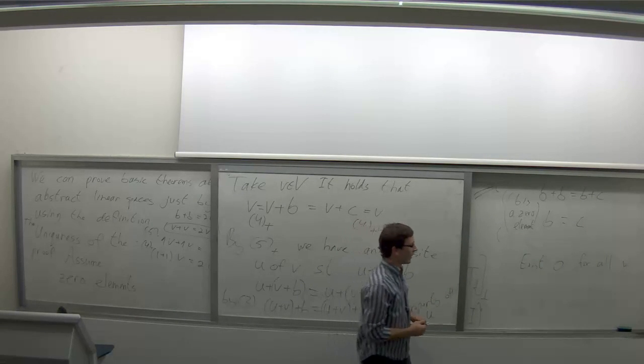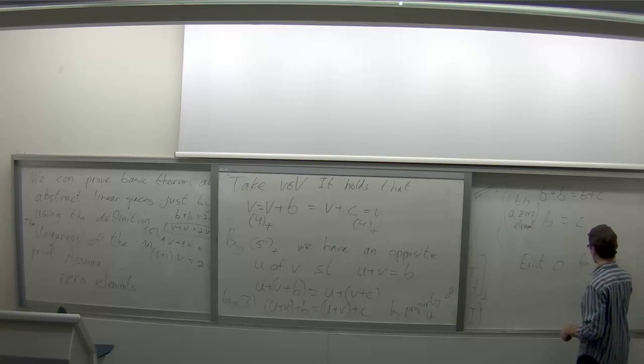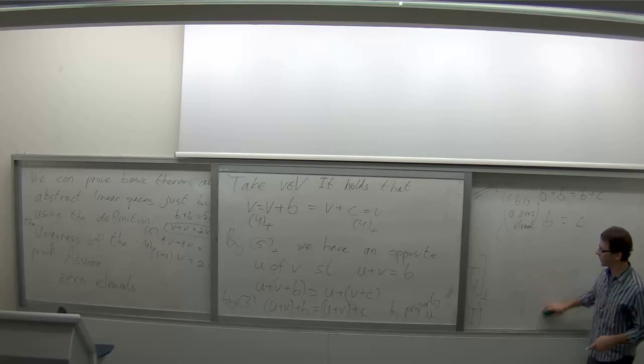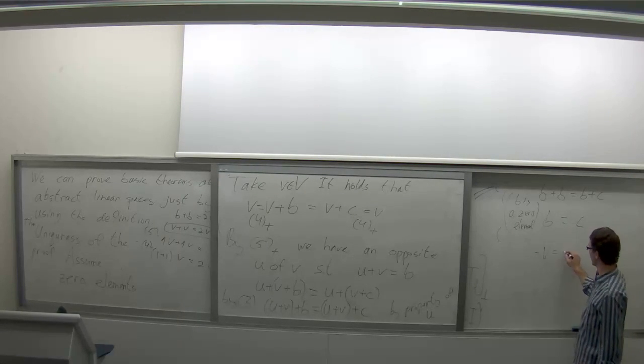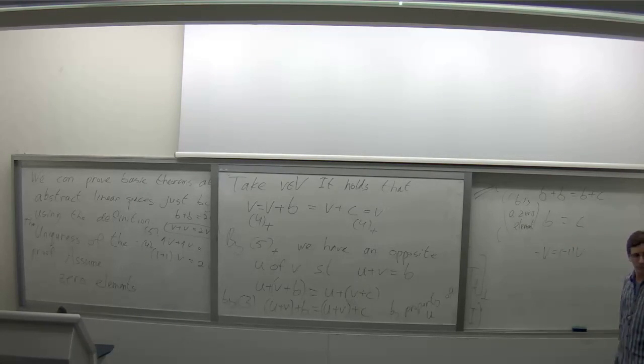Again, things that seem very trivial, and some of them will be in the exercise, like that minus v is minus 1 times v. This is something to prove. It's not in the definition, nevertheless it's true for all linear spaces, and you can prove it by the definitions.